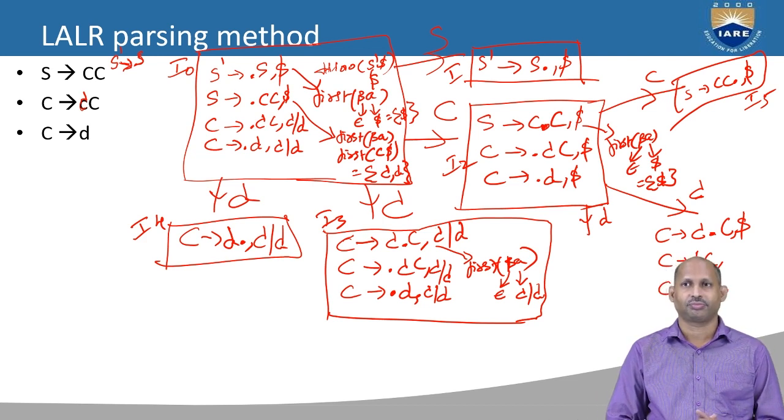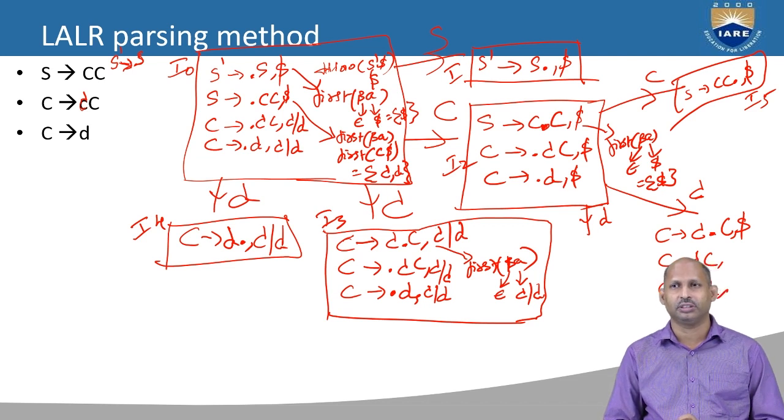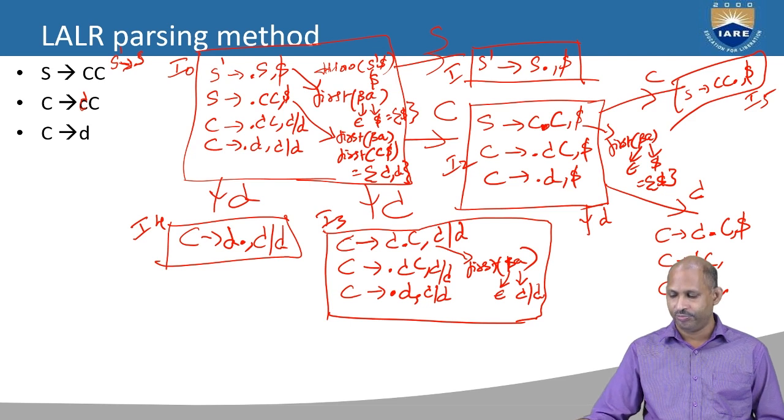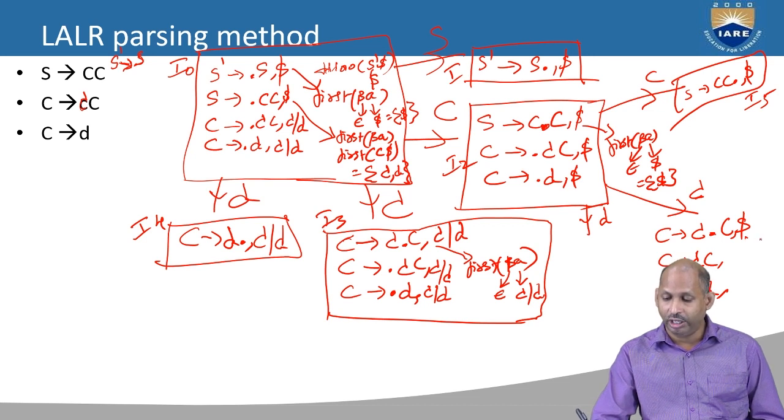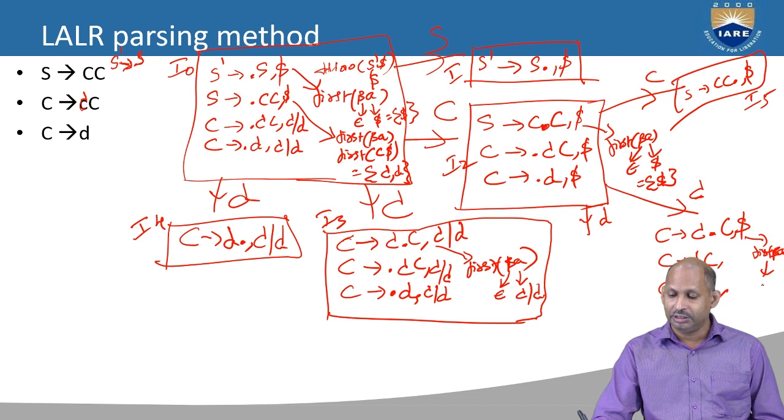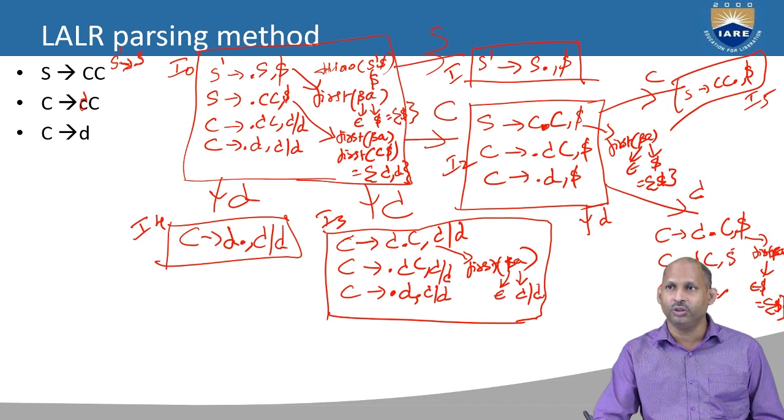Add C productions. Then, from this production, what is first of beta A? It means dollar, epsilon and dollar, which gives only the dollar sign. So we include dollar.